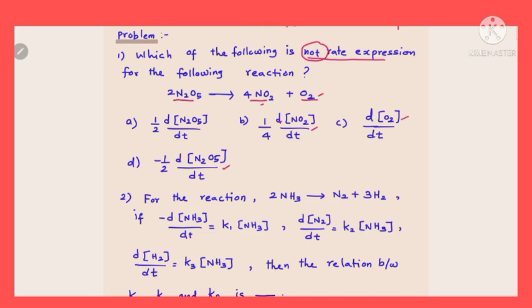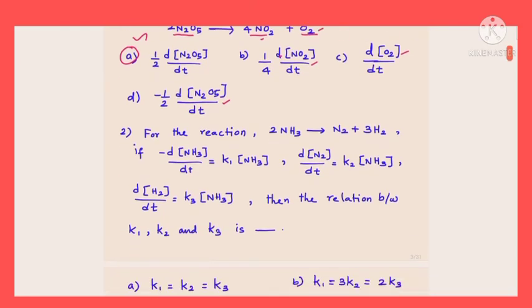So options B, C, D are correct expressions for rate, whereas option A is the wrong expression, because N2O5 is reactant, so in the rate expression we are supposed to use a negative sign, whereas in option A you are not given a negative sign, so it is not a correct rate expression for the following reaction, okay. So question number 1 answer is option A, right.